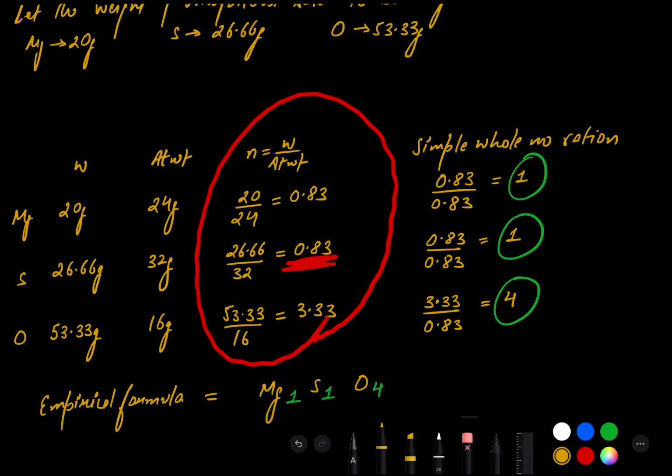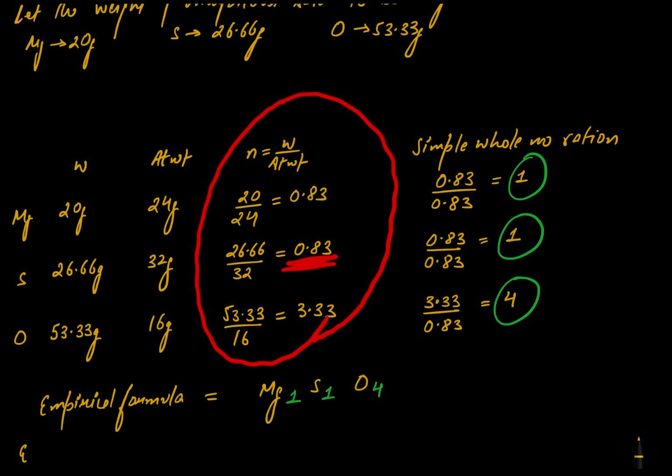So now let's calculate the empirical formula mass. The atomic mass of magnesium is 24. The atomic mass of sulfur is 32. And the atomic mass of oxygen is 16. Oxygen is 4 in number, 16 times 4 is 64.